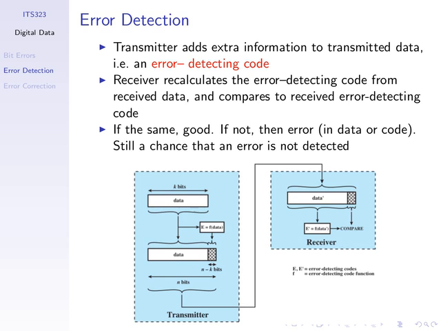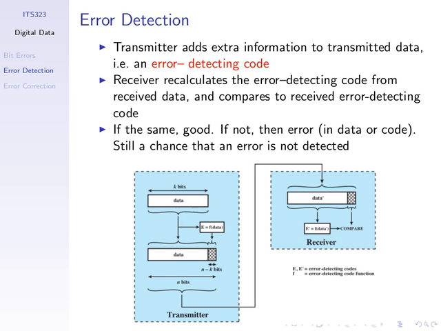The transmitter has some data, k bits of data. So we work in blocks of k bits at a time. We have k bits to transmit. What we do is we apply some function on that data, and we'll give you 2 examples of those functions, and there are many. We apply some function on that data and get some result, E, and take the k bits of data and these E bits, the number of bits is n minus k, and attach them and transmit all of them across our link.